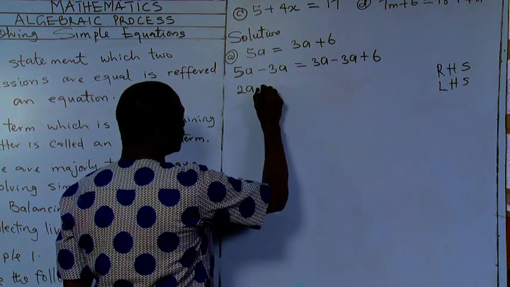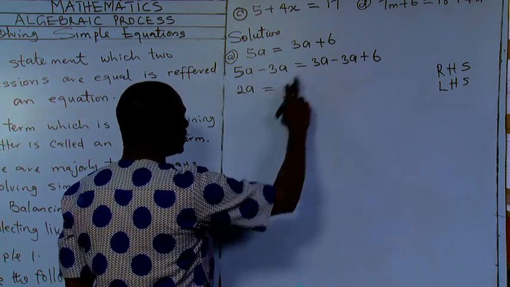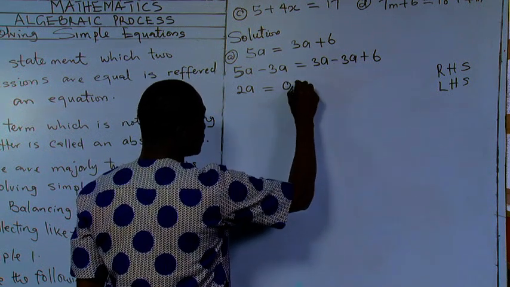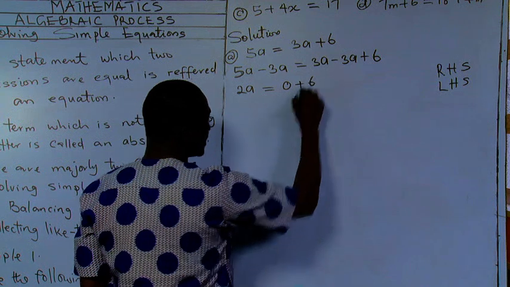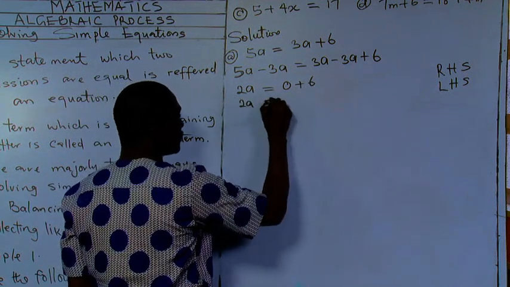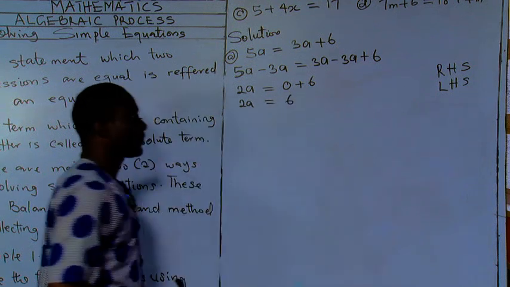And 3a minus 3a will give us 0. So we have 0 plus 6. Okay, so we have 2a equal to 6.